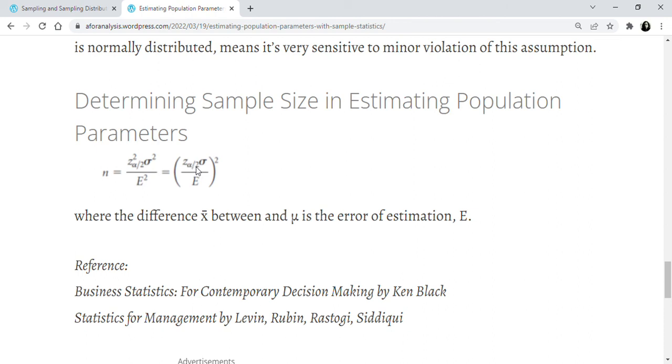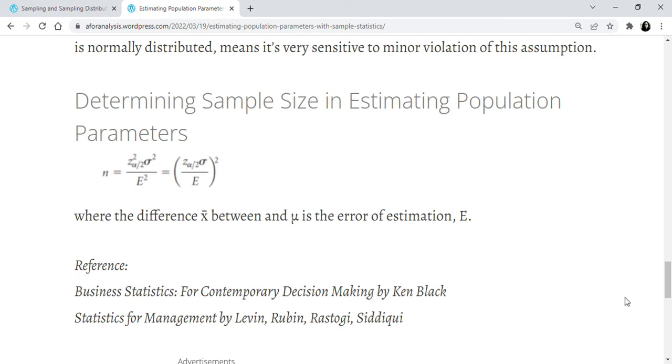Alpha by 2 we get from the confidence interval. If the confidence interval is 90%, then alpha will be 1 minus 0.9, which is 0.1, and alpha by 2 will be 0.05. From the confidence interval and alpha by 2, we will be able to find the Z value.